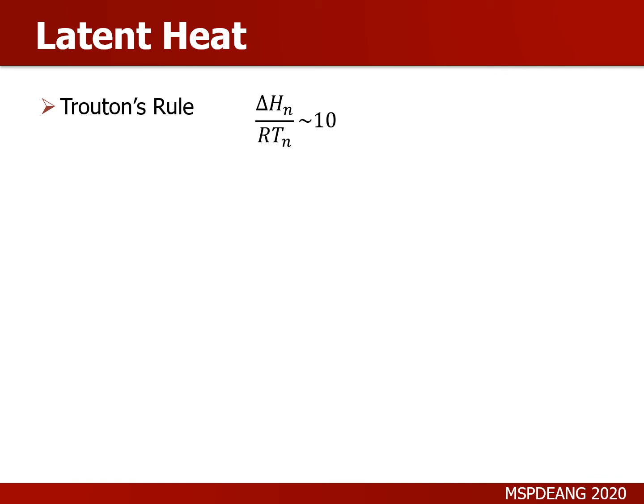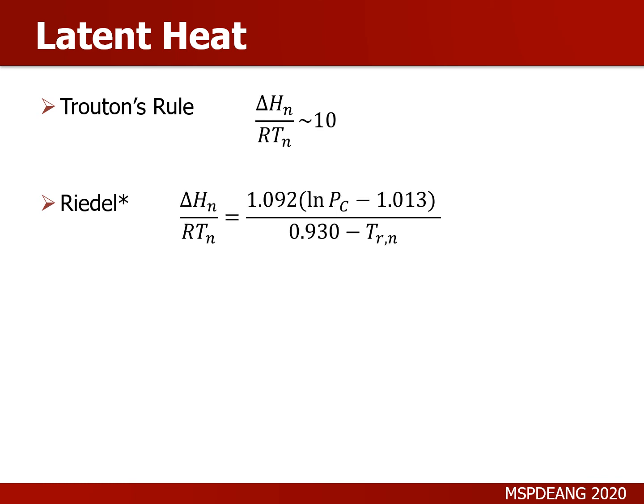However, we also have other empirical relationships. So one is developed by Riedel. So the Riedel equation gives us a normal heat of vaporization given the normal boiling point and critical properties of the fluid. So we have PC, the critical pressure, and we have TRN, which is the reduced temperature.